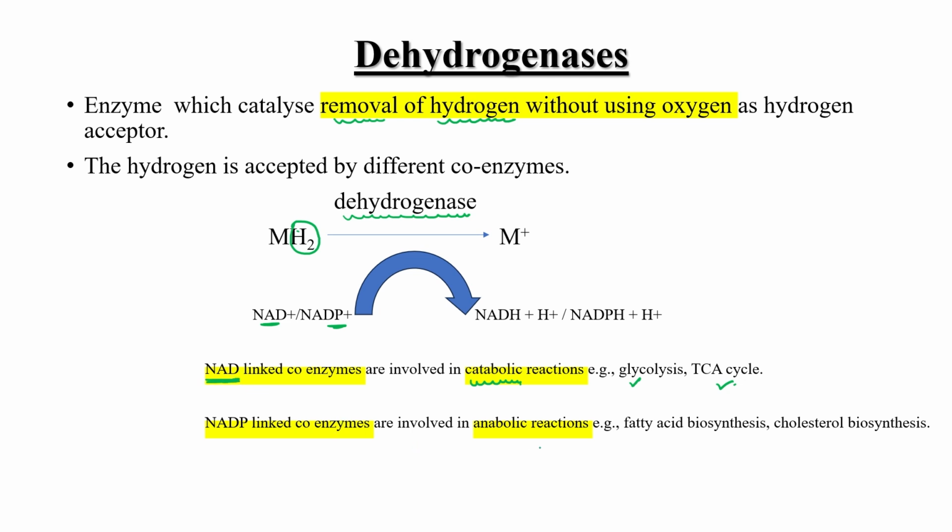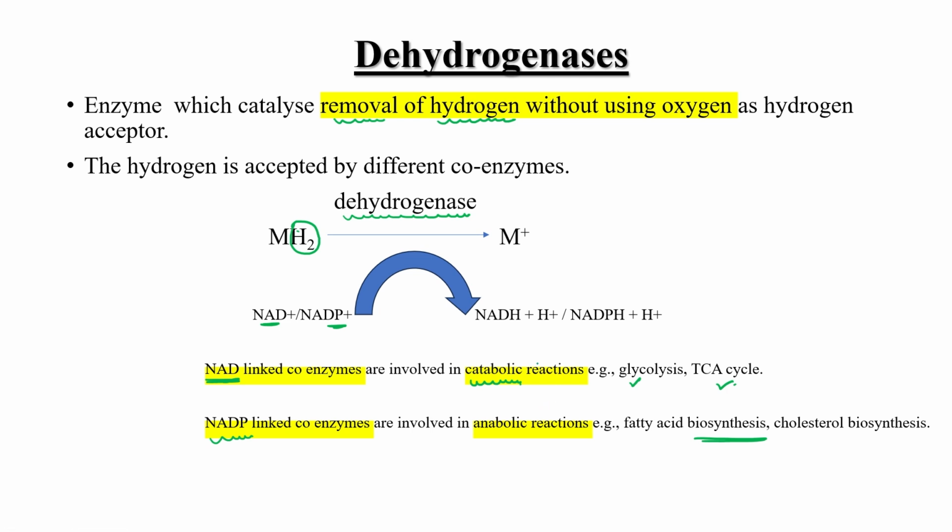If the reaction is of a biosynthetic pathway, meaning fatty acid biosynthesis, cholesterol biosynthesis, at that time NADP acts as the coenzyme, because NADP is involved in anabolic reaction types and NAD in catabolic reaction types.